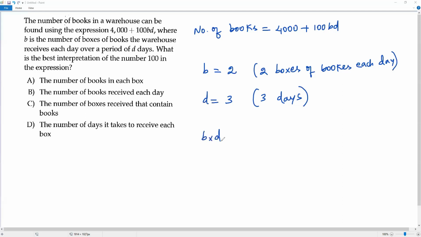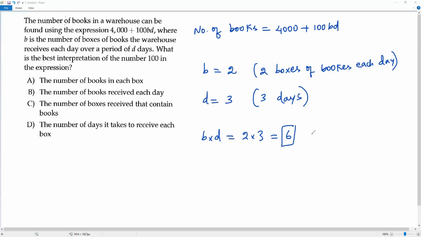Okay, what does the product B times D stand for? B is equal to 2 and D is equal to 3. We get 6. So what does this number 6 stand for? The warehouse receives 2 boxes each day for 3 days. So how many boxes in all will the warehouse receive in 3 days? Clearly 6 boxes, 2 boxes each day for 3 days, so 3 times 2 is 6.